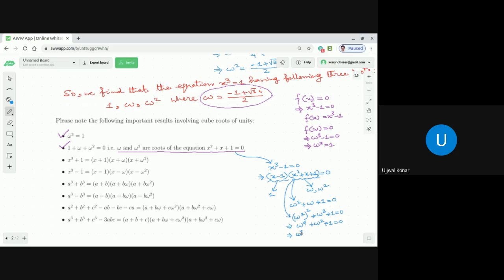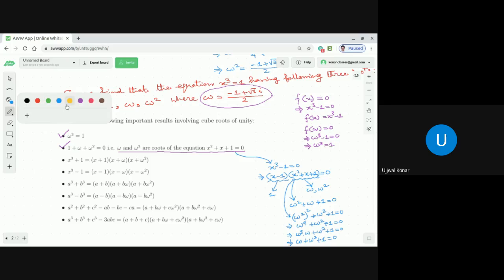Omega cube into omega, plus omega square plus 1 equal to 0. Now omega cube equal to 1, as we saw in the first important result. So that implies omega plus omega square plus 1 equal to 0. With all this detailed derivation, I just wanted to show you that you can interchange omega and omega square, not a big deal. So this is the second point we learned.